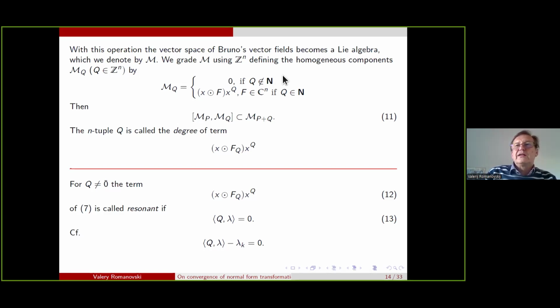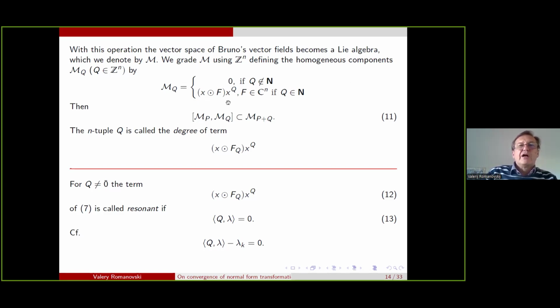So we grade M using Zn, and we define a homogeneous component M_q of our Lie algebra in this way. The space of homogeneous polynomials of degree q is just 0 if q is not of this form.